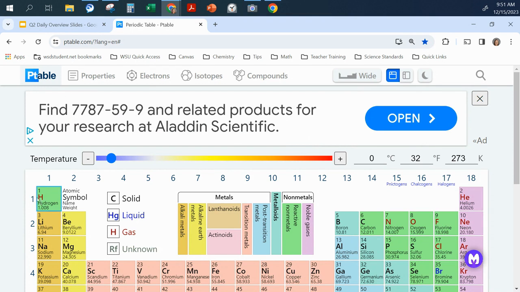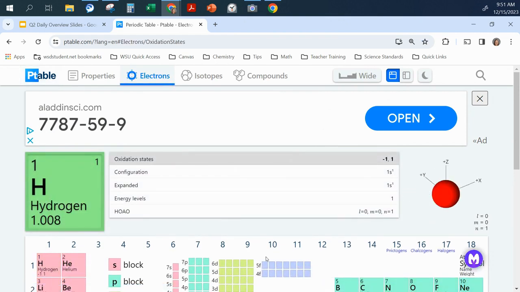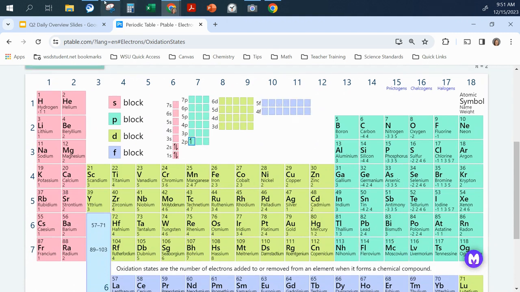It's in the 1s. So this is the energy level. If you look at the periodic table like this, hydrogen has 1 1s electron. Helium has 2 1s electrons.